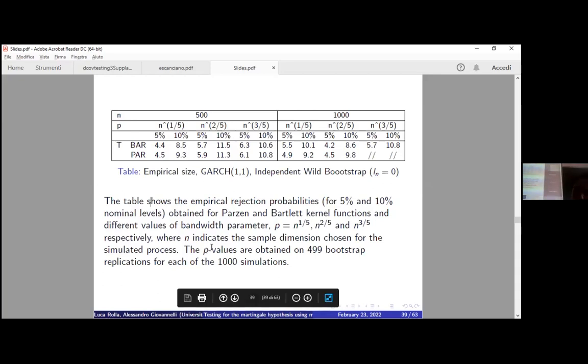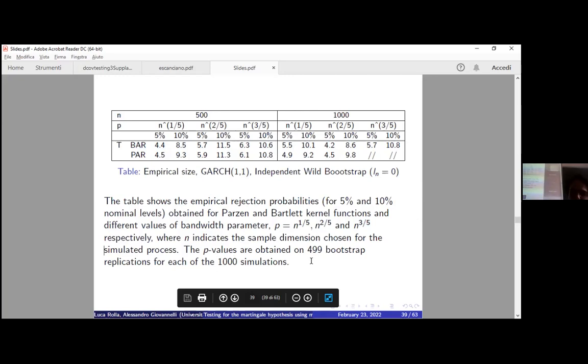The table shows the empirical rejection probabilities at 5% and 10% nominal levels. We have used two kernels, Parzen and Bartlett kernels. So we have defined two different scenarios for the kernel, with different values of the bandwidth parameter here.